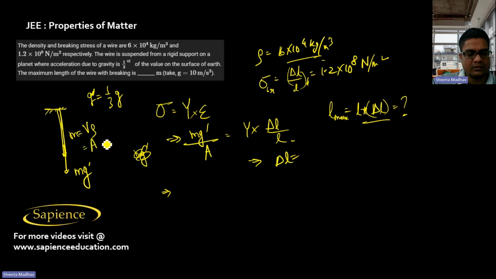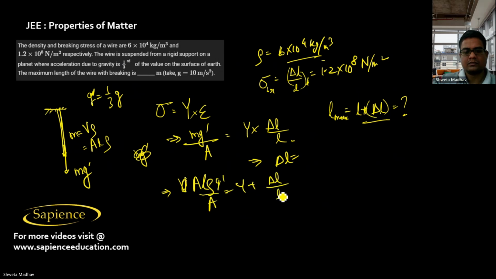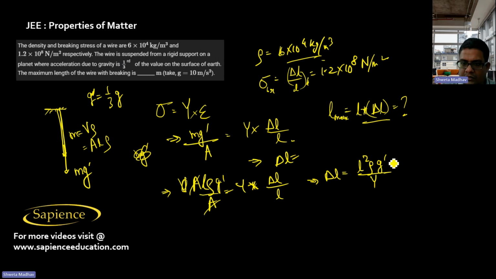A is the area of cross section, the length is AL, by into delta L by L. This will get L square rho dash by, g dash is obviously g by 3.